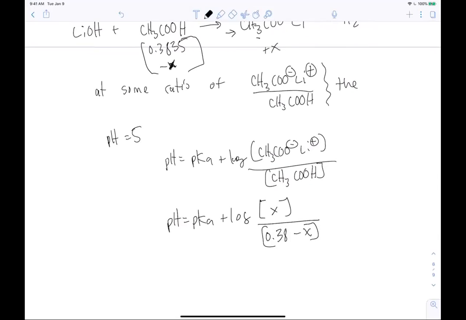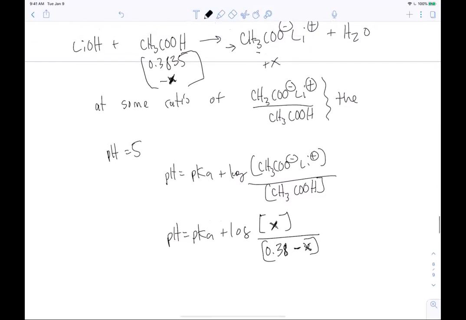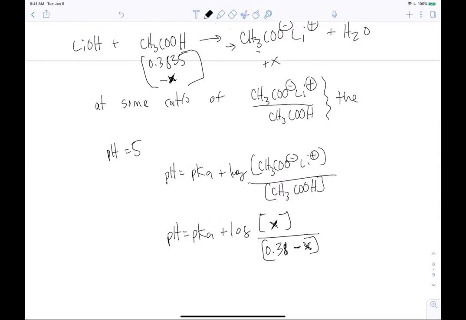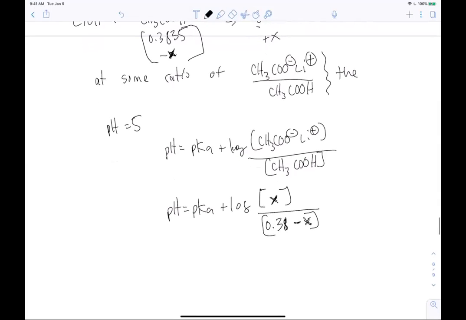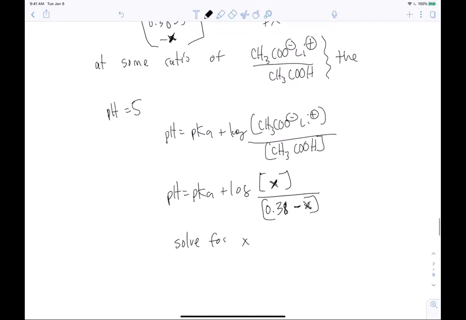But we can represent that by saying, okay, well, the change in moles of acetic acid is going to be 0.38 minus some amount X. And the amount of lithium acetate that we gain is going to be equal to X. And then it's just a matter of solving for X. Shortcut, say solve for X. That'll be 10 to the whatever.